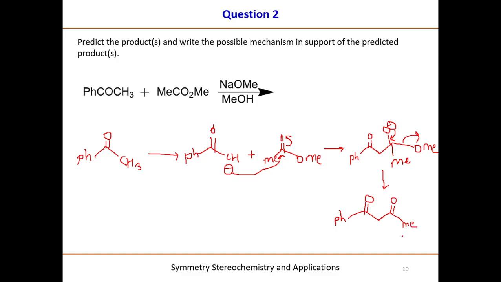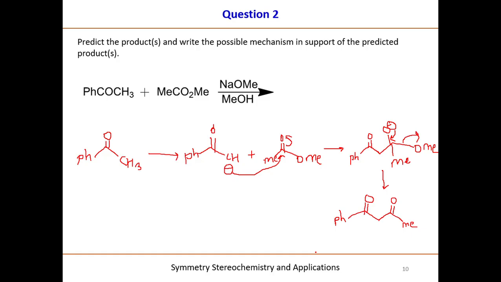So this is the product formed in this type of reaction. I hope all of you are clear with this one also. This example is clear to you and the mechanism is also clear to you, right? This is a Claisen condensation reaction. Okay. Diketone is the product.